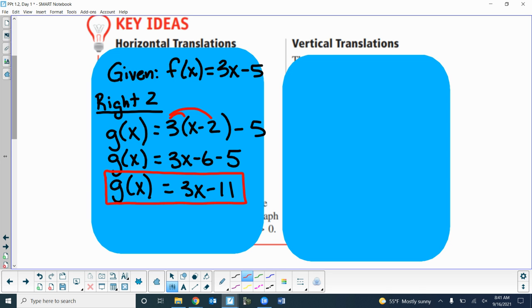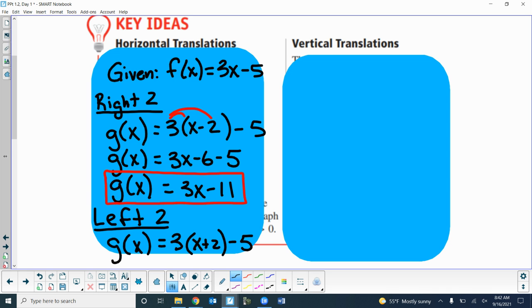Remember, horizontally, left and right, we go the opposite of what we're thinking. So if I want to do the same thing, but I want to move it left 2, what's that going to look like? What am I going to put in my parentheses? x plus 2. So horizontally, if we're going right, we're going to go x minus whatever it tells us.